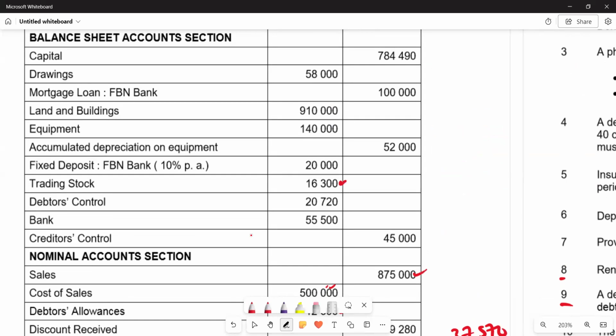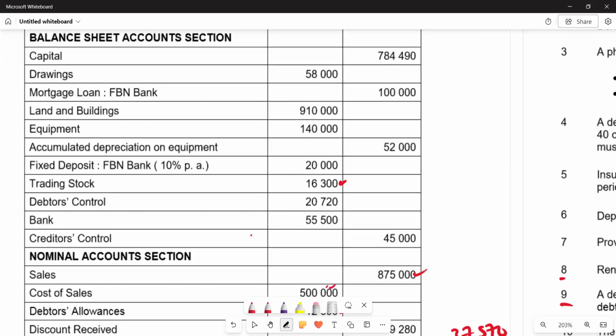And then that 16,300, we try to check in terms of other adjustments, because we are supposed to compare book value and physical stock count value. Book value and physical stock count value.